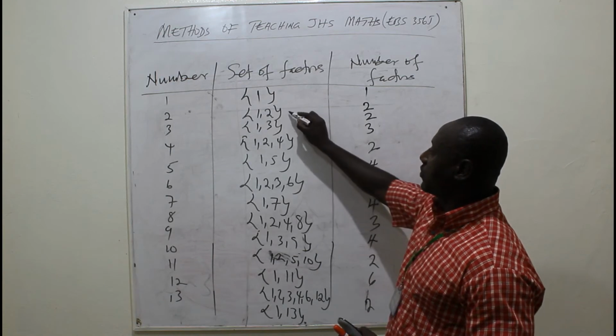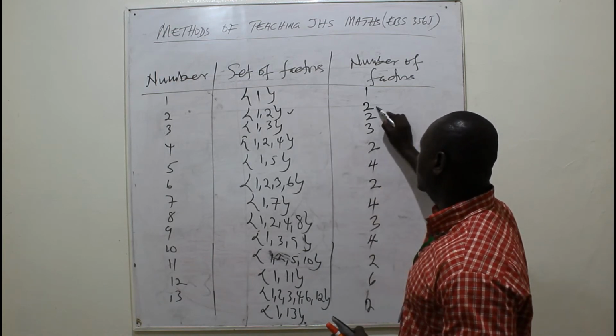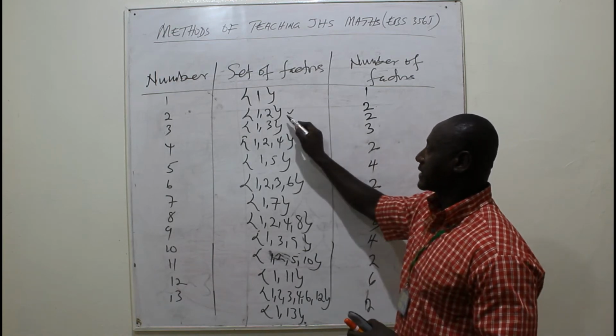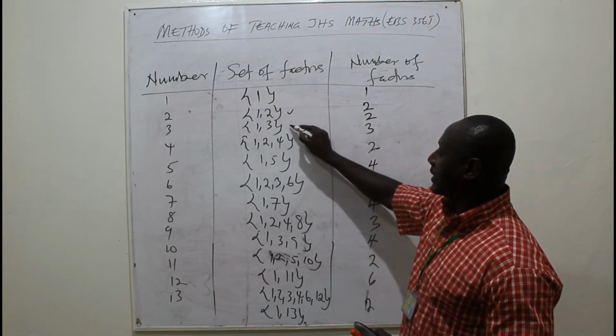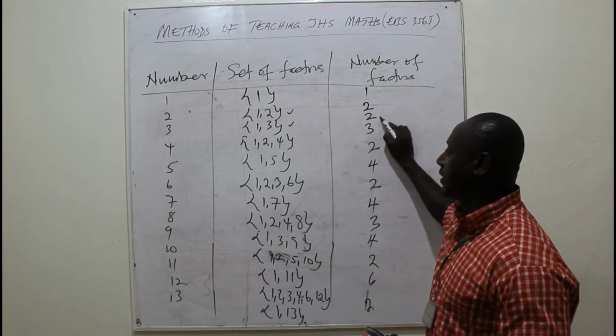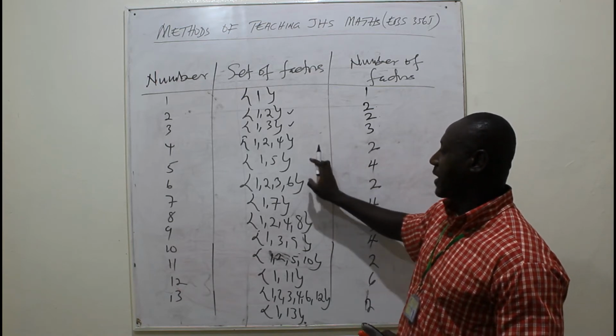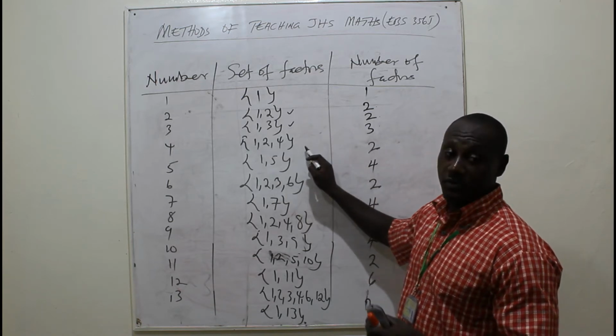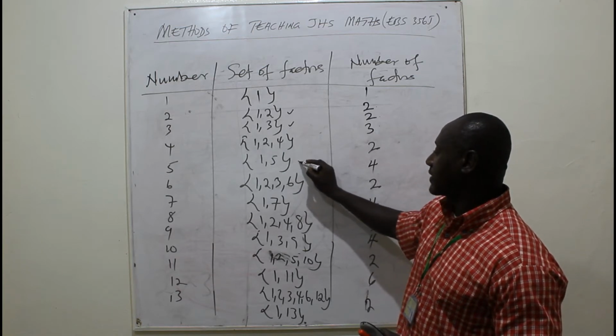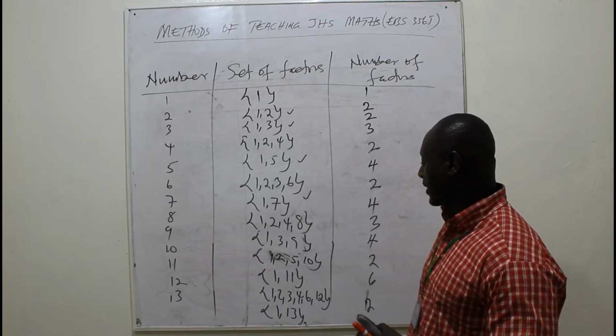Let's look at the prime numbers here. We can talk about 2 as a prime number. It has 2 factors, 1 and the number itself. So 2 is a prime number. 3 is also a prime number. It has 2 factors, 1 and the number itself. 4 is not a prime number because it has more than 2 factors. 5 is a prime number. 7 is a prime number.